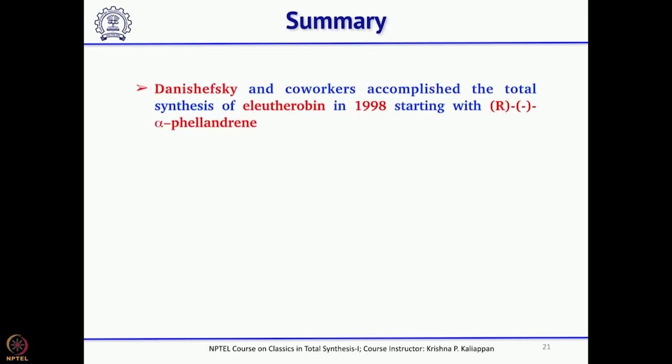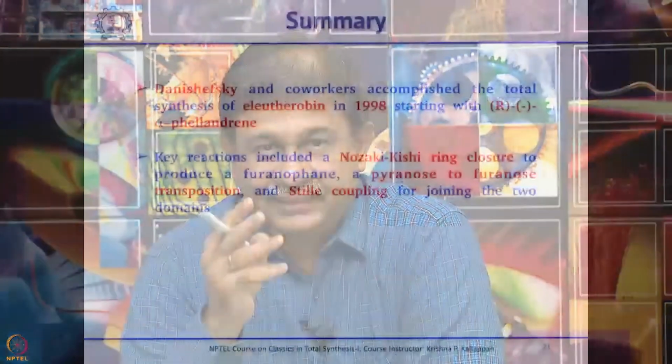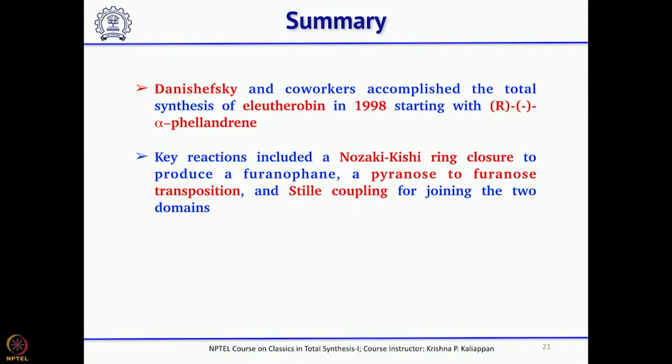If you look at the total synthesis of eleutherobin reported by Danishefsky, he started with two commercially available as well as naturally occurring compounds. For the carbocycle, he started with a monoterpene called alpha-phellandrene, and for the sugar fragment he started with D-arabinose, a commercially available sugar. Then there are key reactions which he used. One, the Nozaki-Hiyama-Kishi reaction to form the 10-membered ring.